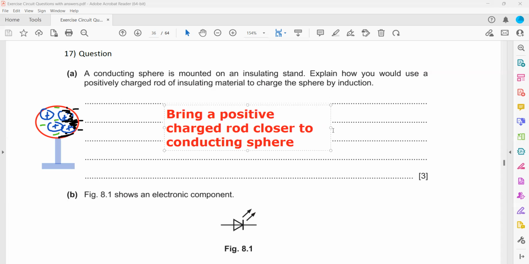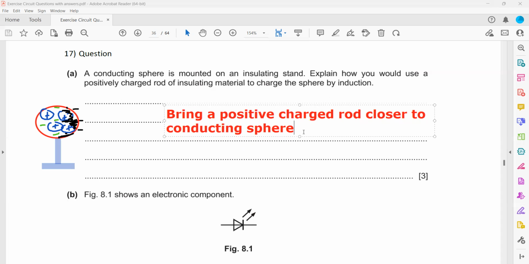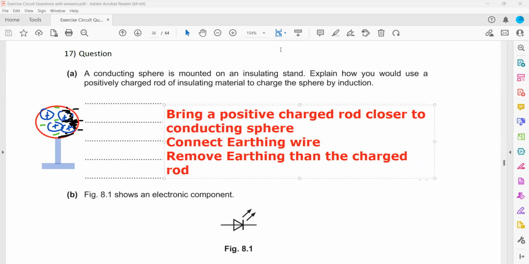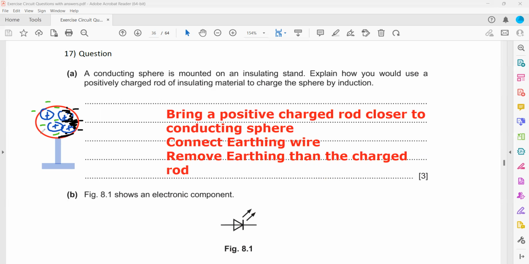After bringing it closer, we connect an earthing wire. Then we remove the earthing wire first, then the charged rod. And what will be the net charge? As we remove them, the resultant net charge will be negative.